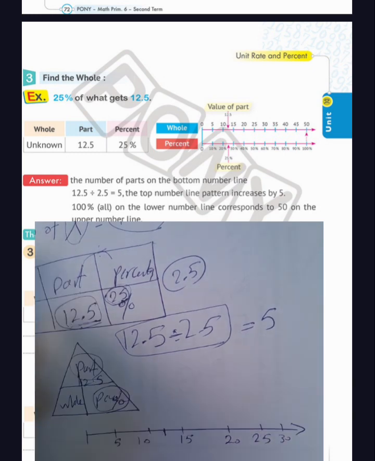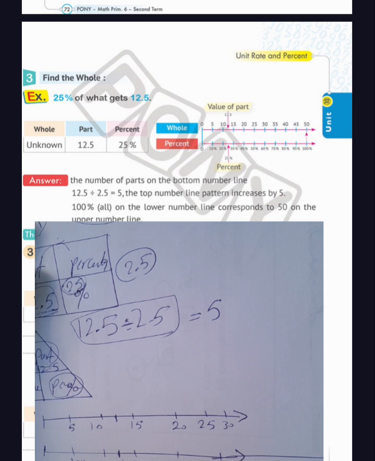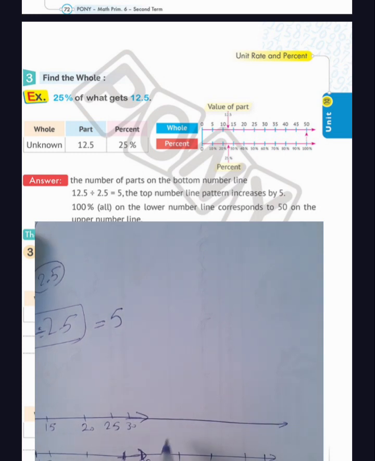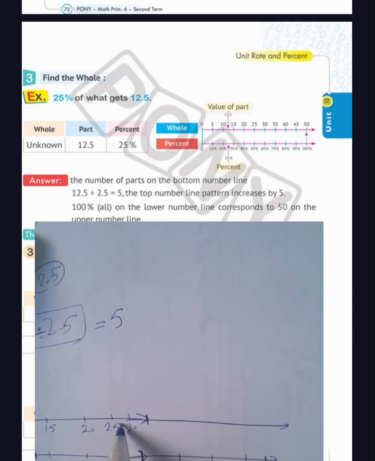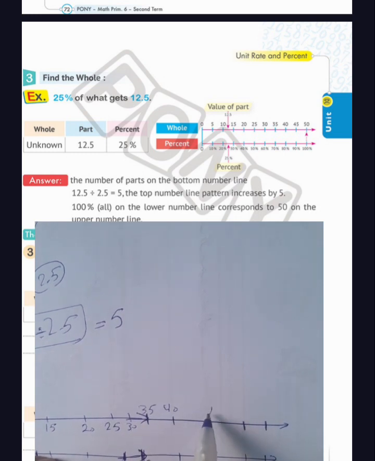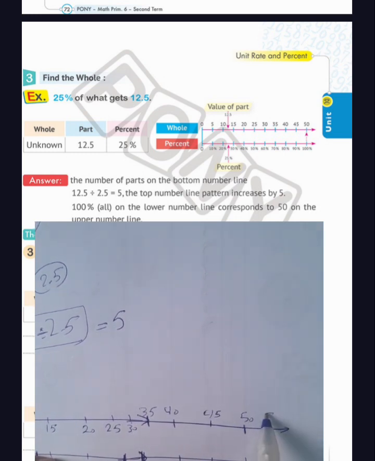Okay, then we will go to 100. Right here, 40, 50%, 60%, 70%, 80%, 90%, 100%. Going to 100, and here complete, such that this goes exactly to the result. 30, we have here 35, 40, 45, 50, 55.